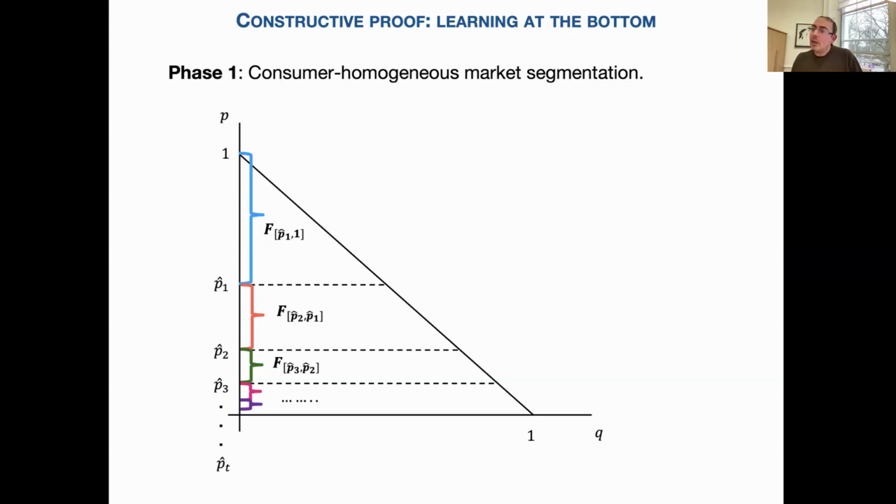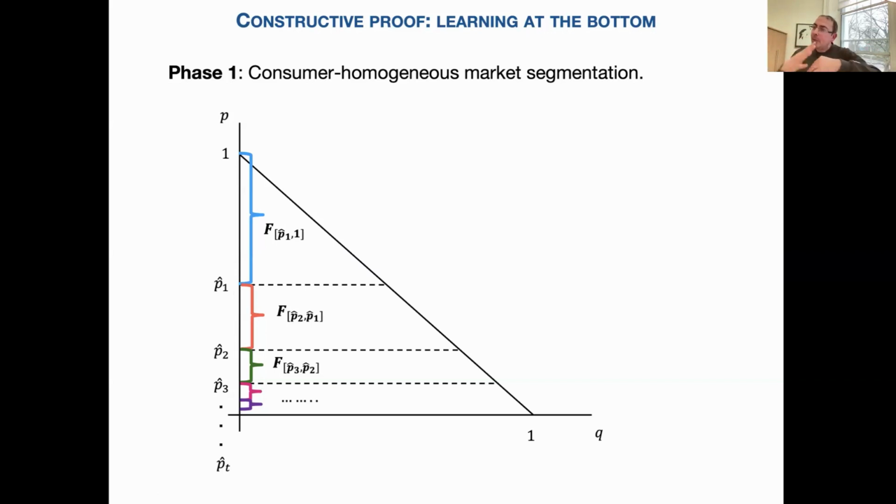So the way in which we're going to do that in one period, we're going to create a lot of price experimentation. And in particular, we're going to take some of the blue and some of the orange. When I mix these two guys, I can induce any price between P at 2 and P at 1. Because by mixing these two guys, I'm mixing high value consumers with low value consumers.